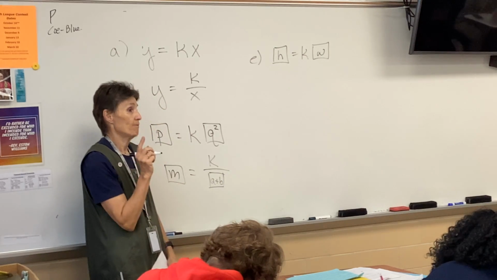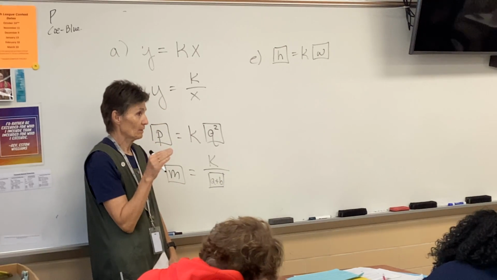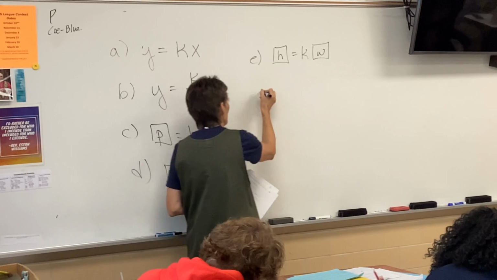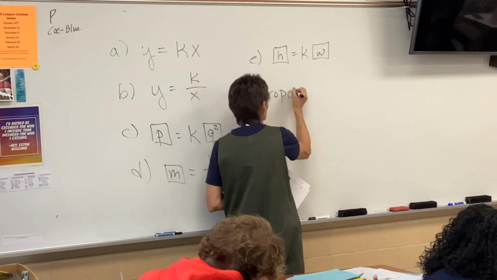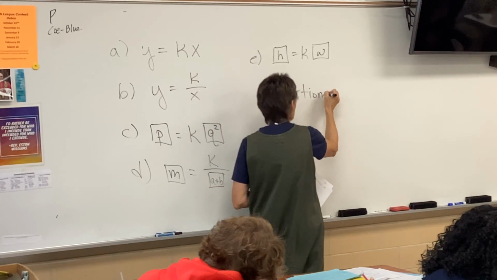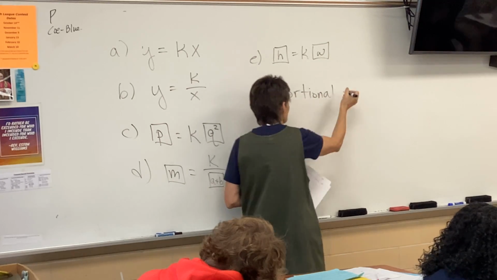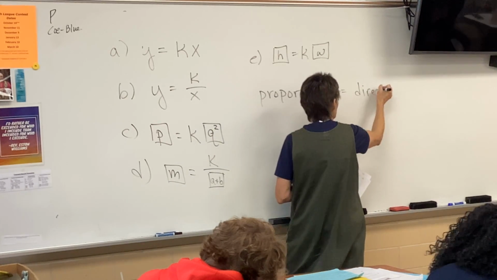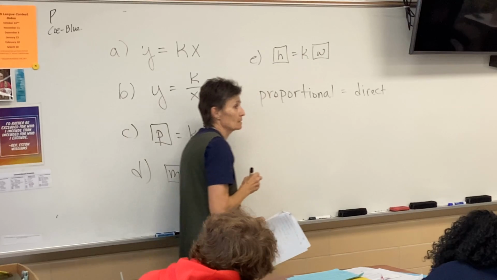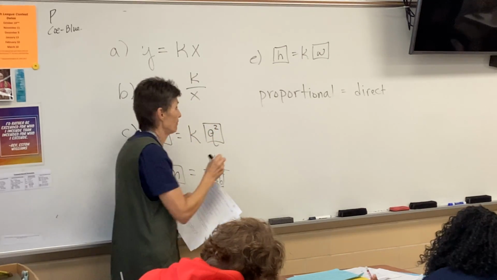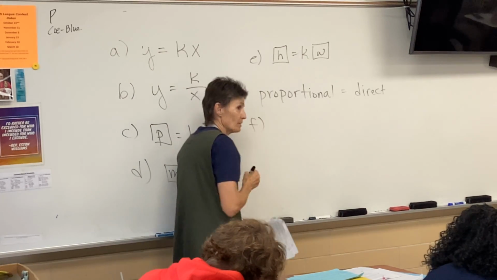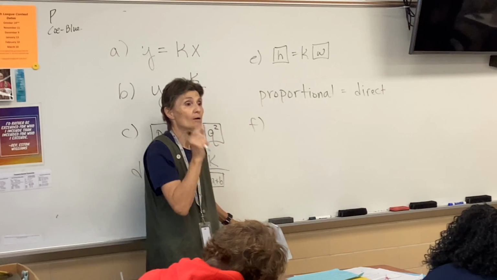Now, F is a different vocabulary word. Proportional is just another math way of saying direct variation. So letter F is a direct variation because it says proportional.